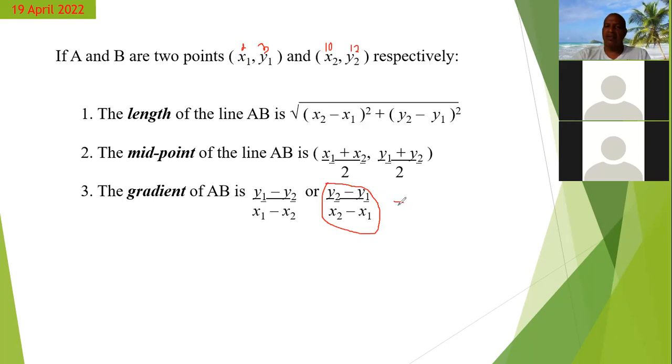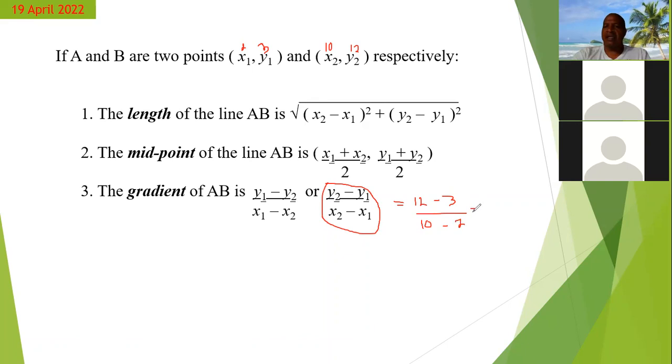That means we are going to use the y2, which is 12, minus the y1, which is 3, over the x2, which is 10, minus the x1, which is 2.